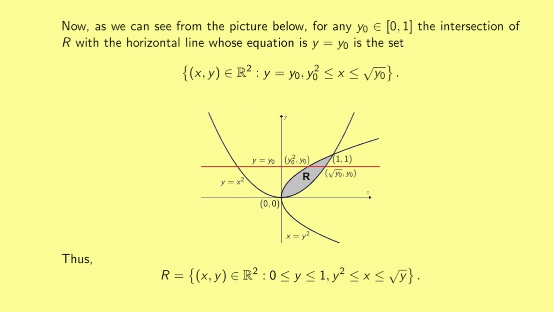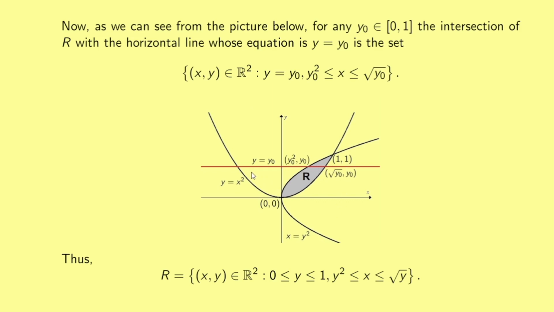Since y equals y0, and we know that this curve is the parabola x equals y squared, when y equals y0, x must be y0 squared. So this point here should be y0 squared, y0.